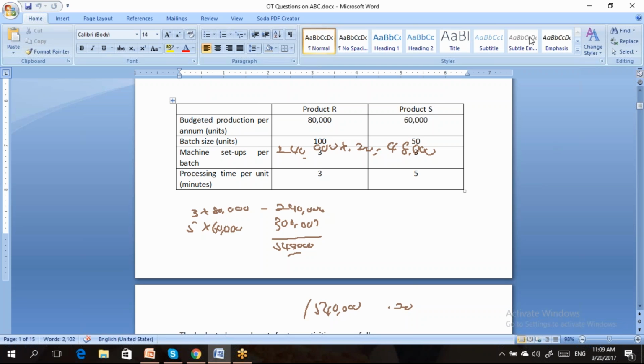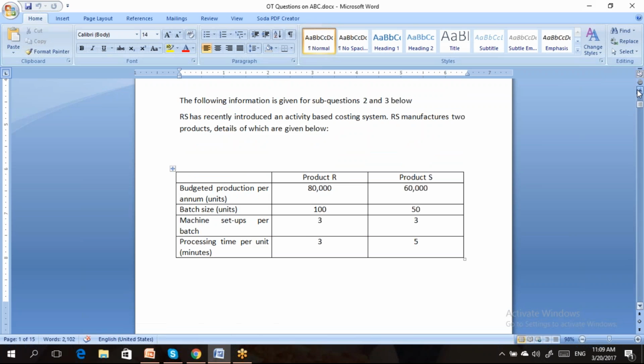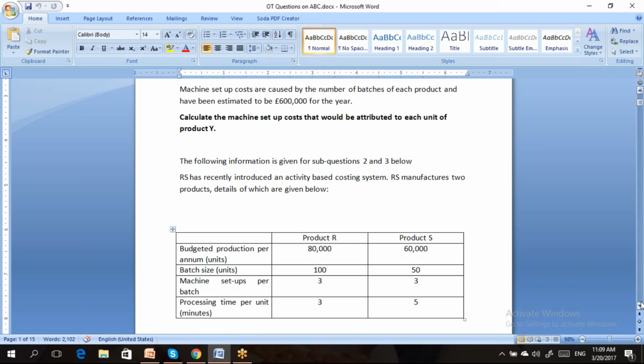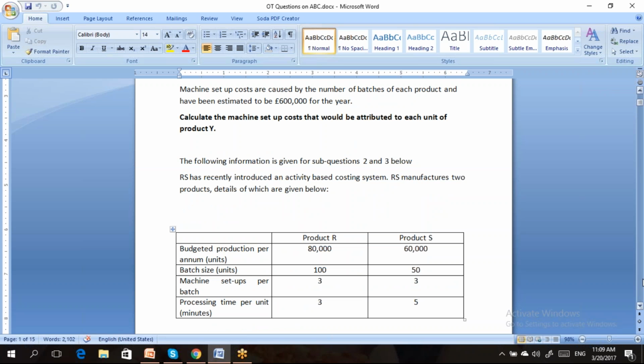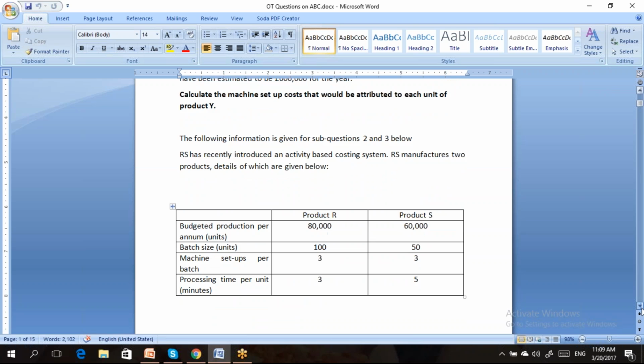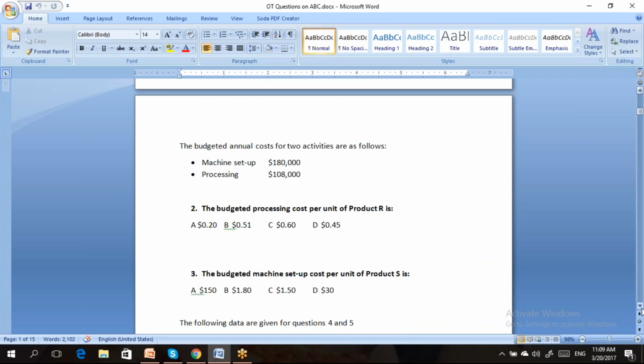Now, can you similarly think for the other part of the question? The other part of the question is asking about the second product, the budgeted machine setup cost per unit of S. So we have been given the total machine setup cost as 180,000.